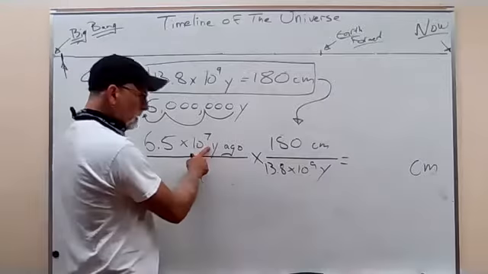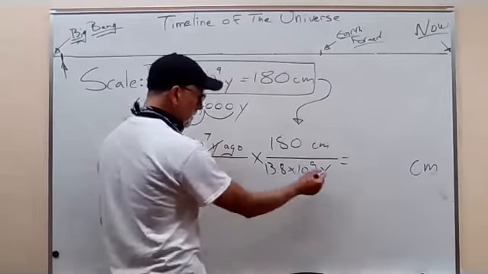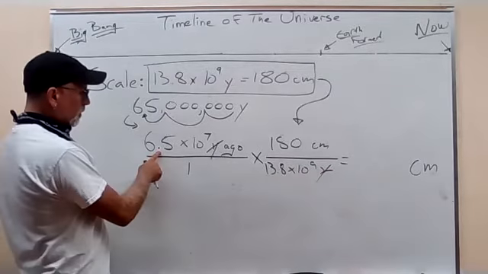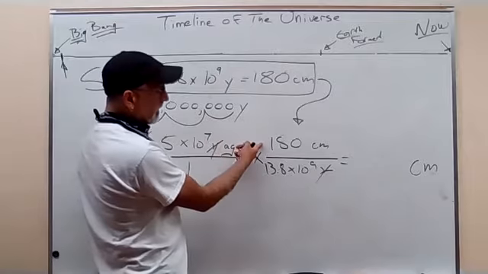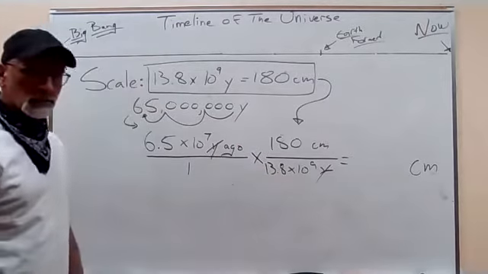When you divide something by itself, you get 1, and that goes away. So when I do the math, it's 6.5 times 10 to the 7th times 180 divided by 13.8 times 10 to the 9th.